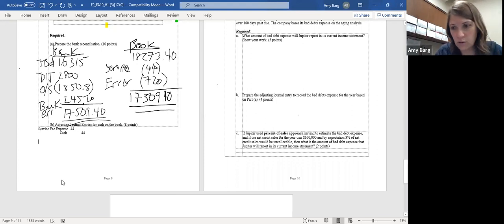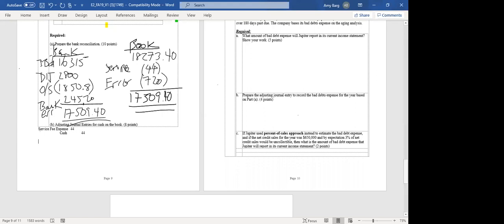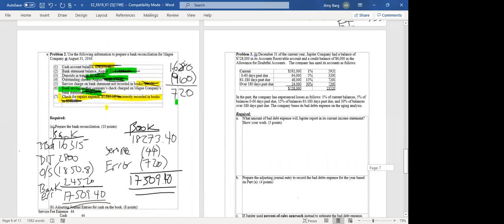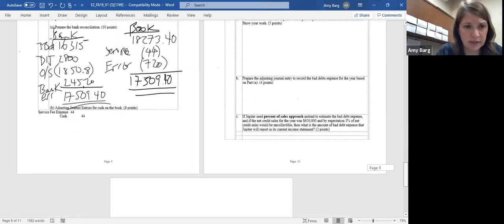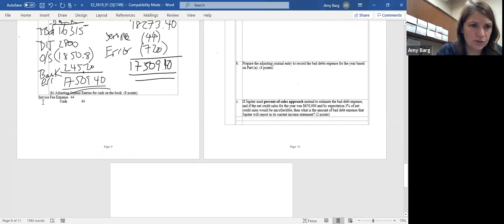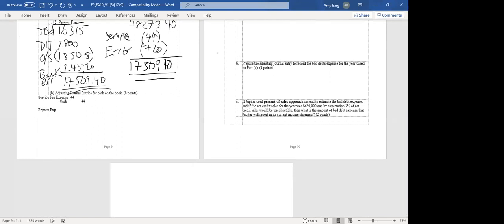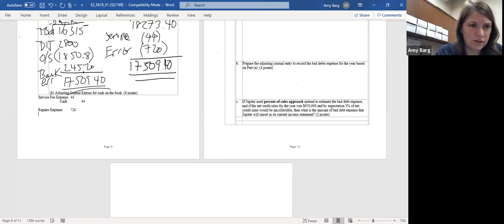So the error, it told us up at the top here that it was a check for repairs expense. So we need to add more repairs expense. So that was for $720. And because it's a deduction again, we are going to credit cash for $720. So those are the journal entries to adjust cash on the books.